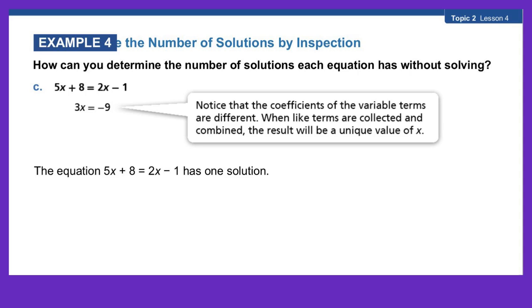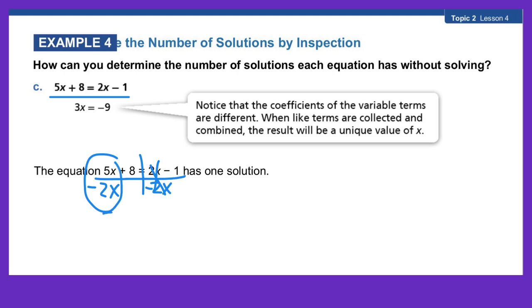And here is C. If you look at it, each side is different. My variable terms are different. My constants are different, which means that I have to go and do the entire thing. So let's start with the step that says, if I have a variable on both sides, let's pick on the little guy. Take 2x off.